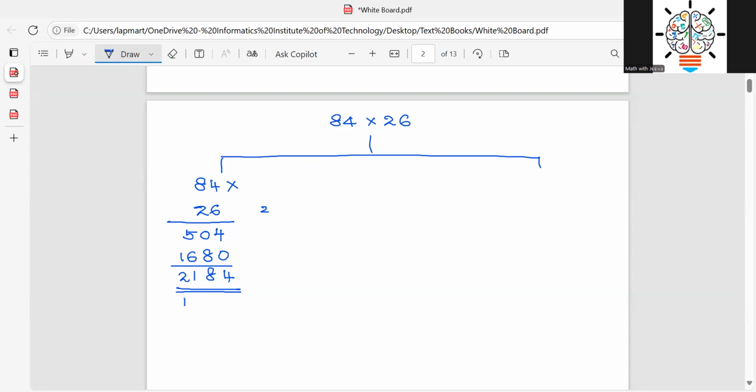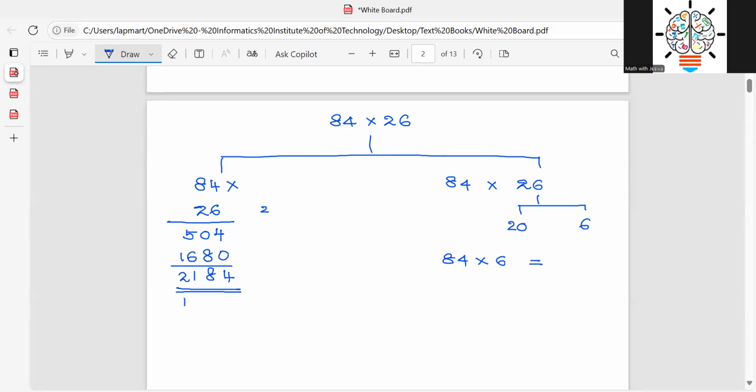Now here, see what I'm doing. 84 you multiply by 26. So what is this? 26 means 20 plus 6. What I do, I first multiply 84 by 6. What is the answer?